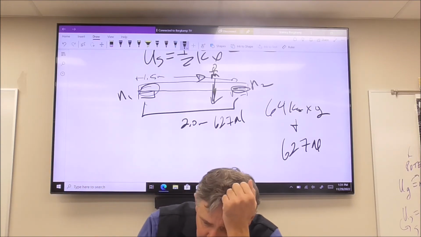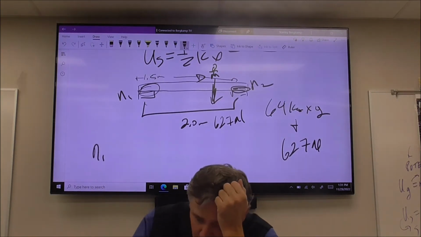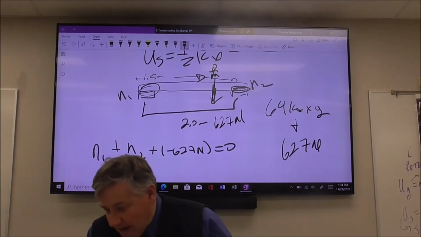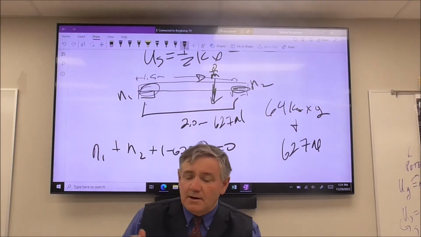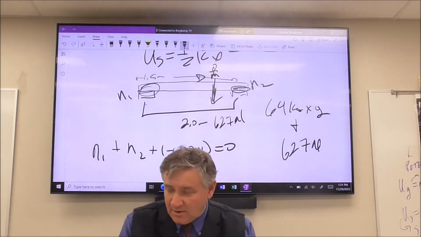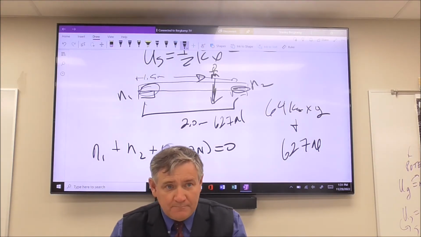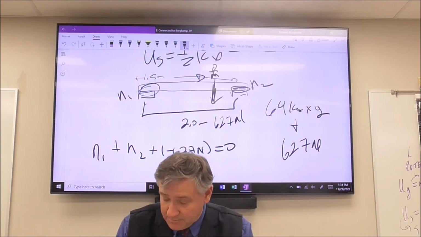So if you set it up that way, this is going to be the reading on scale 1, plus scale 2, plus negative 627, all those together have to add up to 0, right? At this point, could I solve the equation? No. Why? Because I have two variables and only one equation, okay?